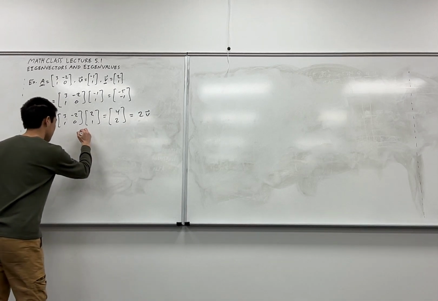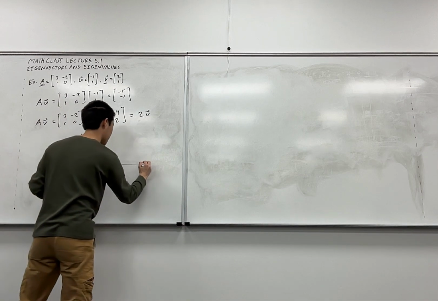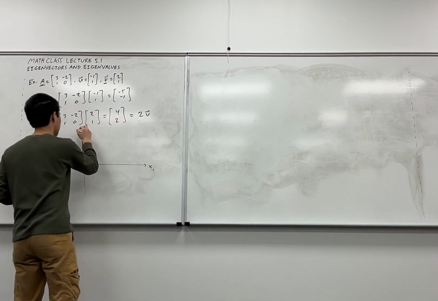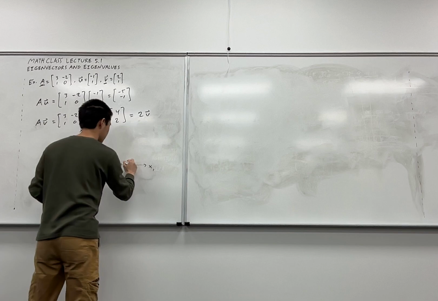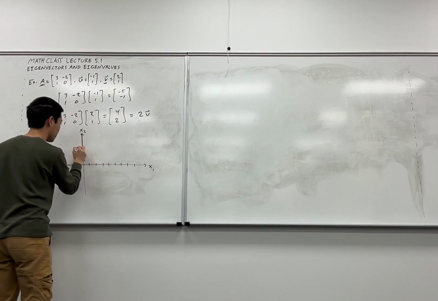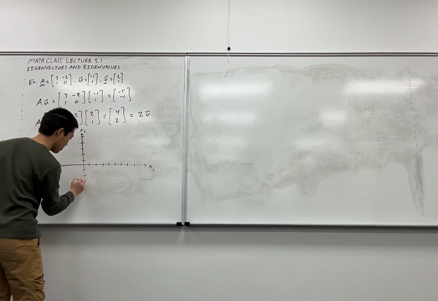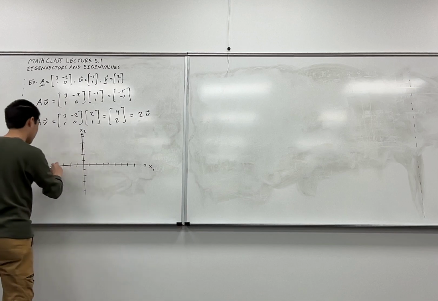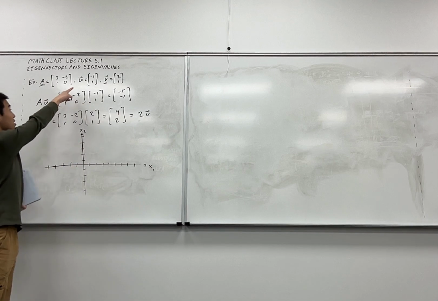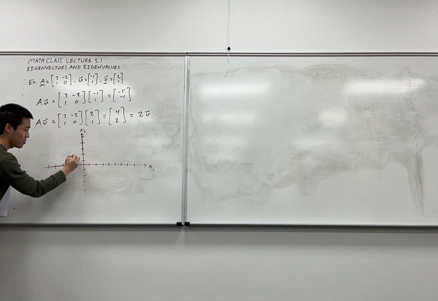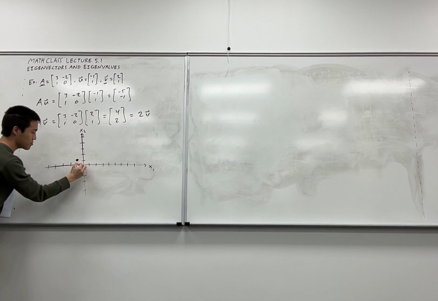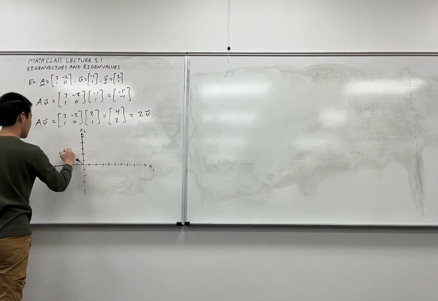So visually, what does that mean? Well, if I had a plane here, then the vector u is [-1, 1] to start. So this is where u is to start.